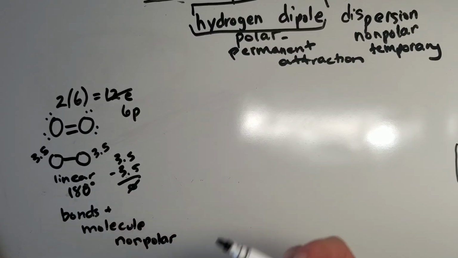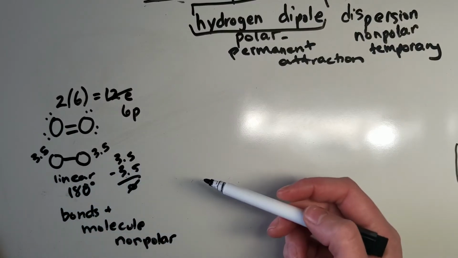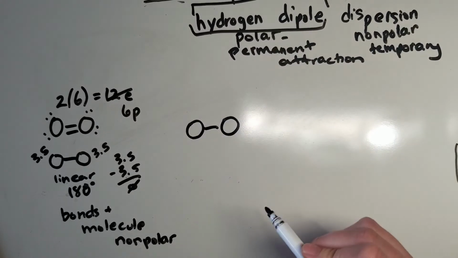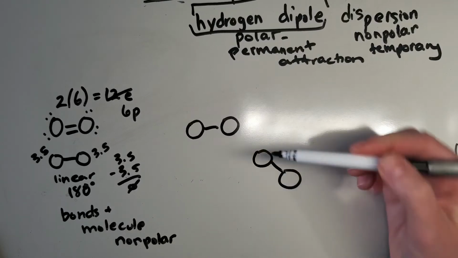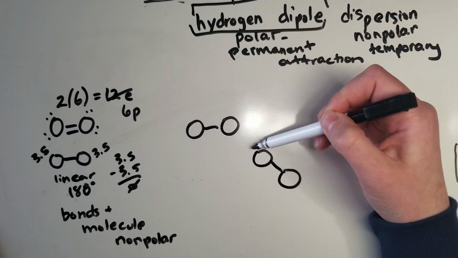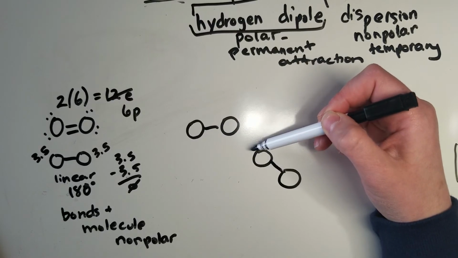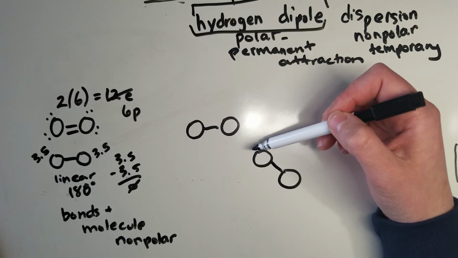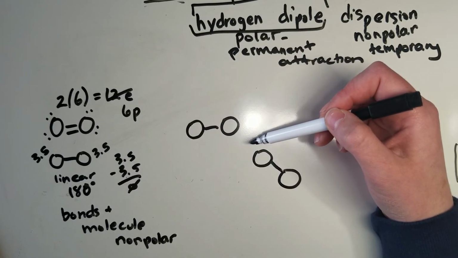So there's nothing to stick one oxygen molecule to another oxygen molecule, and I can show you that by drawing that out. If I have one diatomic oxygen and then another diatomic oxygen floating around here, there has to be something to stick these two together, and as it stands as a gas, normally there would be nothing to do that. So in order to condense it down into a liquid, there has to be some sort of external pressure added, or chilling effect, so that they slow down and get very close together.